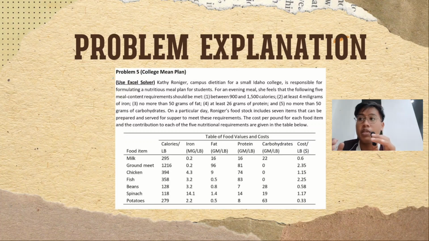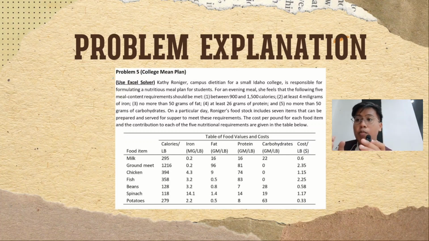The meal plan must satisfy several nutrition requirements, including providing between 900 to 1,500 calories, at least 4 milligrams of iron, and at least 26 grams of protein, while limiting fat and carbohydrate to not more than 50 grams each.